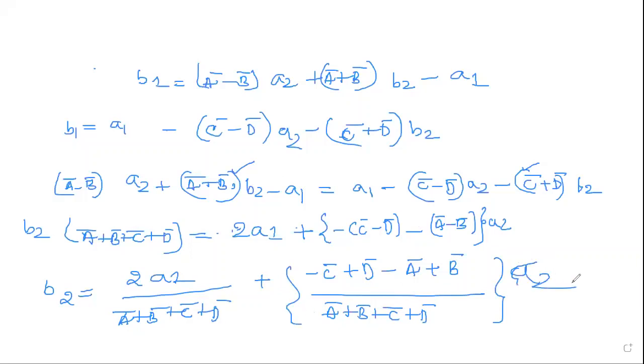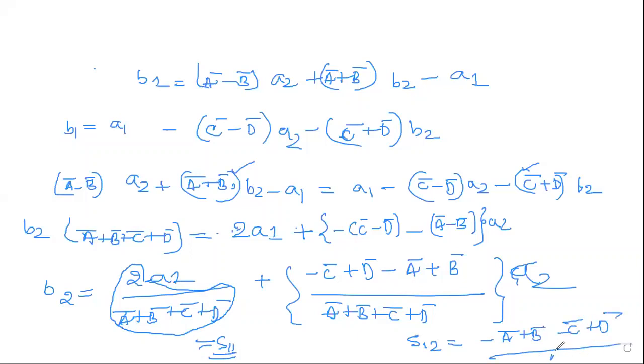I think we have the equation in terms of S11 as well as S12. Now if you compare the equation with your S11 term, 2 times of A bar plus B bar plus C bar D will be your S11 value. And the equation for S12 is minus A bar plus B bar minus C bar plus D bar, also divided by A bar plus B bar plus C bar plus D bar.